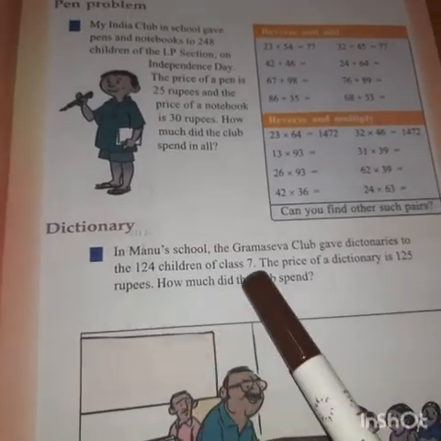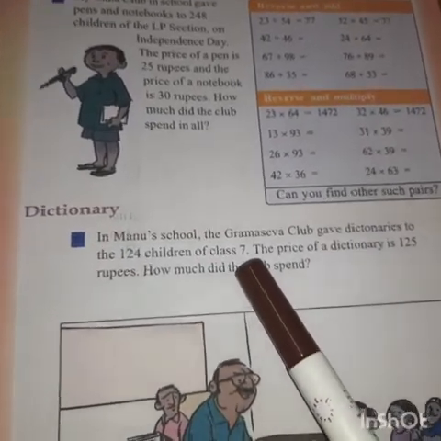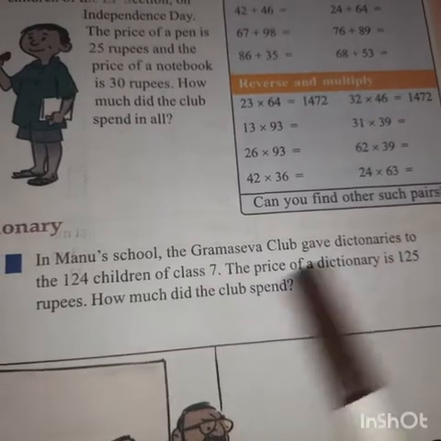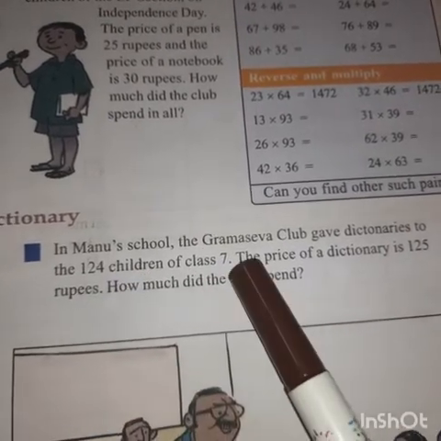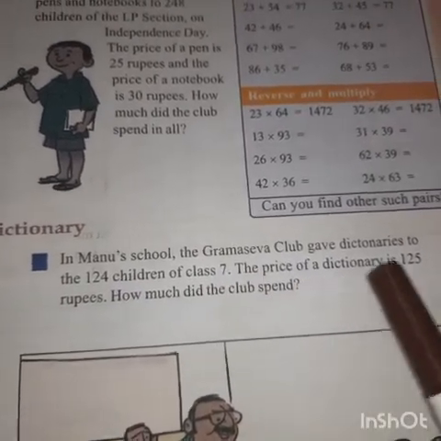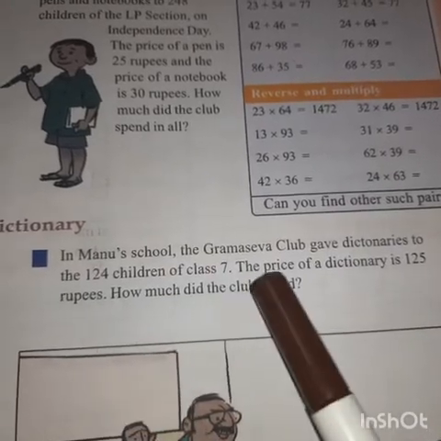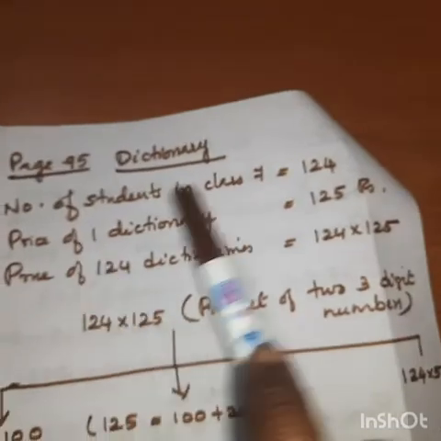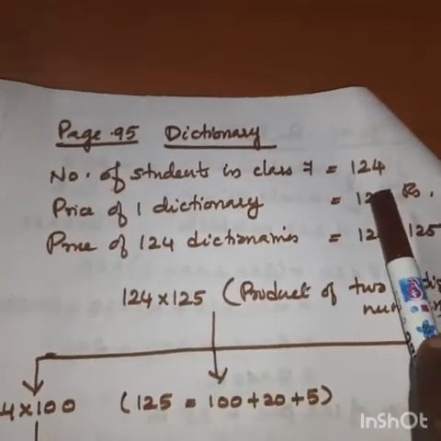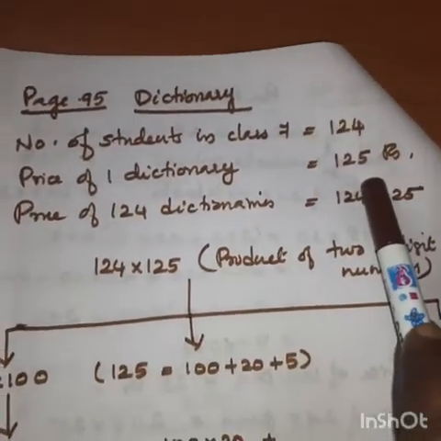The next activity is dictionary. In Manu's school, the Grama Seva Club gave dictionaries to the 124 children of class 7. The price of a dictionary is 125 rupees. Then how much did the club spend? Number of students in class 7, 124. Price of one dictionary, 125.